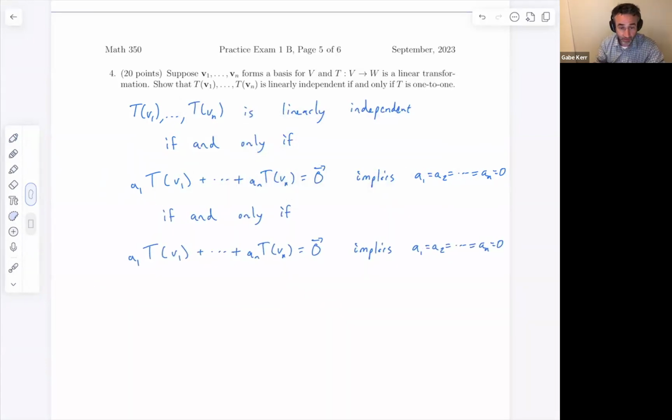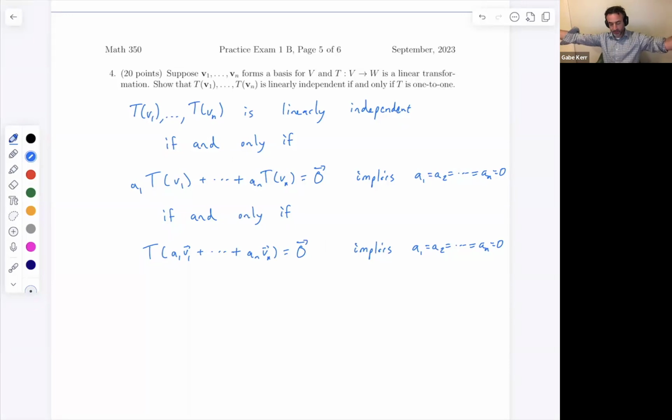I'm just going to do the same statement, but I'm going to use linearity of T. Linearity of T tells me something like this. If I just put in, this is just using linearity of T, I can bring all the A's in and I can take T of a sum of T's equals T of the sum.